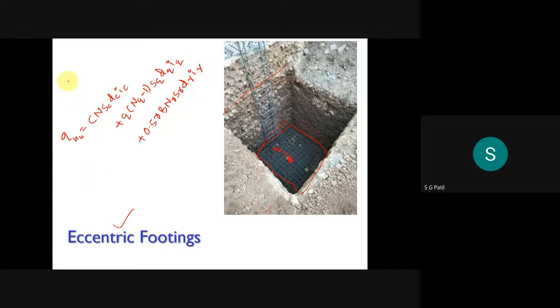This is the bearing capacity equation from IS 6403. For this equation we applied a correction factor W dash for the water table. Similarly, we have to apply corrections for eccentric loading. This equation holds good if your loading is concentric. If you have eccentric loading, you have to apply some corrections. What those corrections are, we will see in today's lecture.